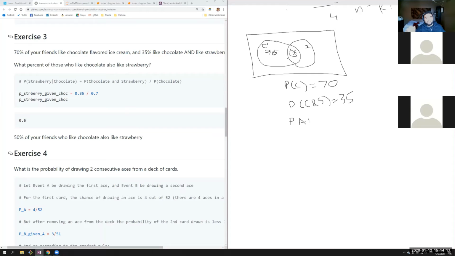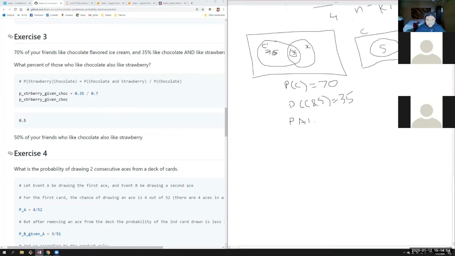It's sort of like a hidden thing, because when you say A given B, you're saying that B is now our whole universe, and we want to see the probability of A occurring in that universe. So this would be C now, and we want to find the strawberry people. The universe is all the people that like chocolate, and we want to see what percent of that universe is S. So it's 35 expressed as a ratio of this whole thing.